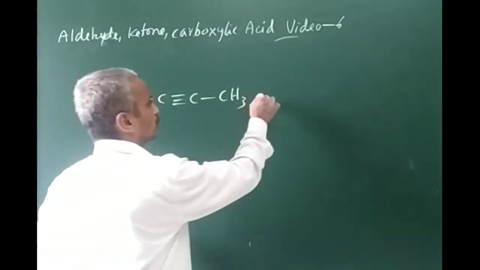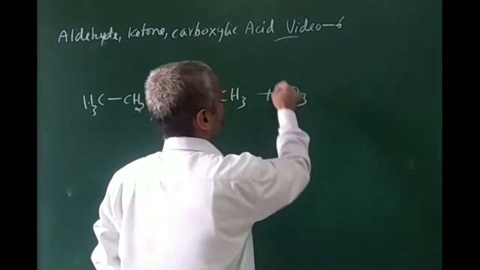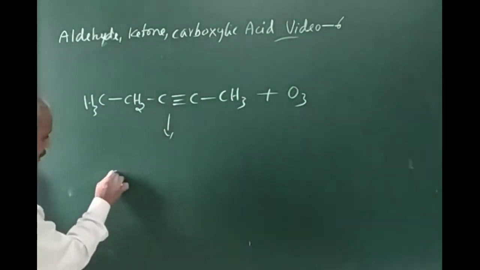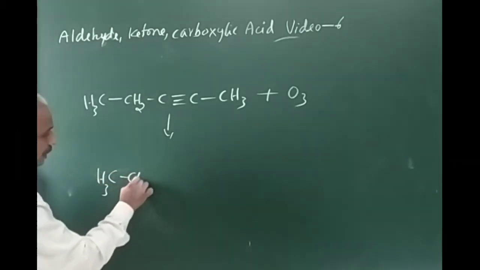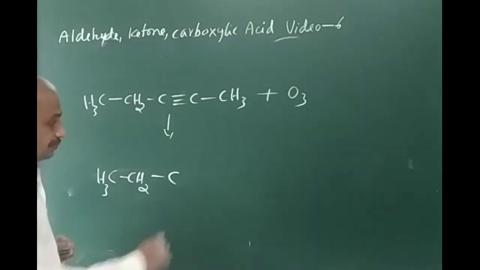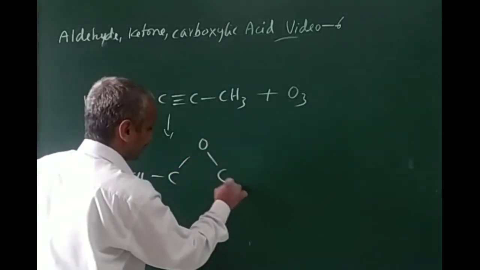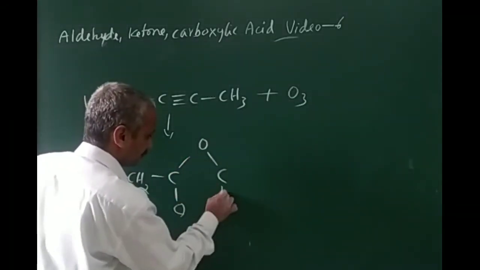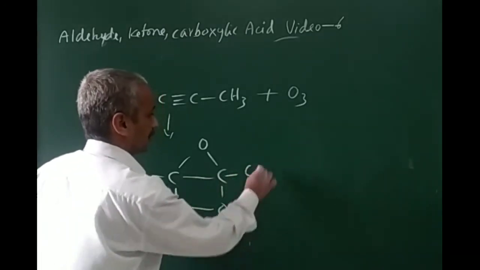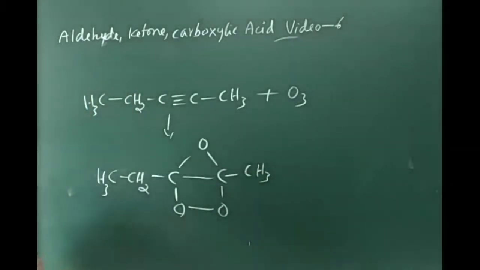So, if I go for the ozonolysis, what is the product? Just here, CH3, CH2, C, I get a ozonide. So, O, C, O, O, then I have CH3.